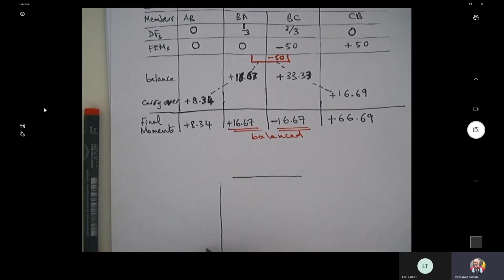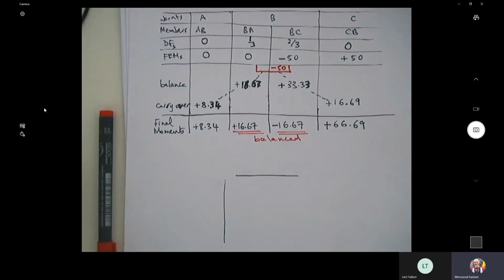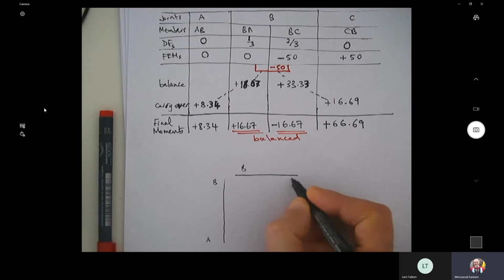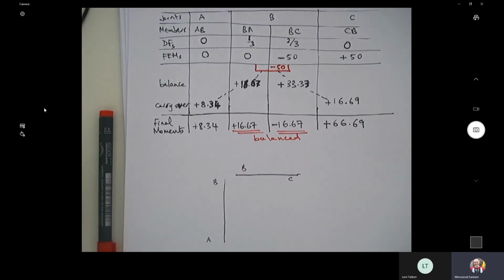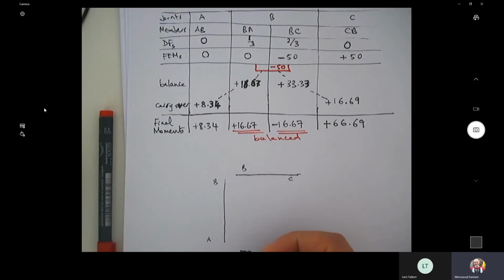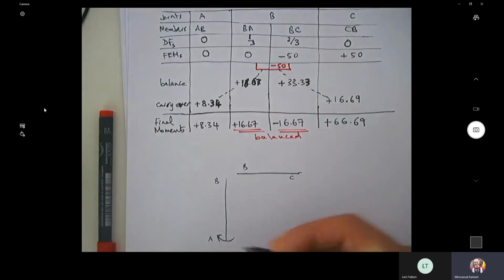We have joint A, joint B, and joint C. At A, we have 8.34 clockwise.